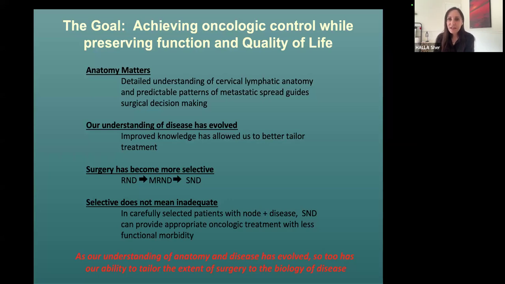And so a knowledge of the anatomy matters, so that we can understand the nodal patterns of spread and predictable patterns of metastatic spread. As our understanding of the disease has advanced, it's allowed us to become more conservative in our surgery, which is offering our patients an improved quality of life. So that's what I have for today. I'm happy to answer any questions.